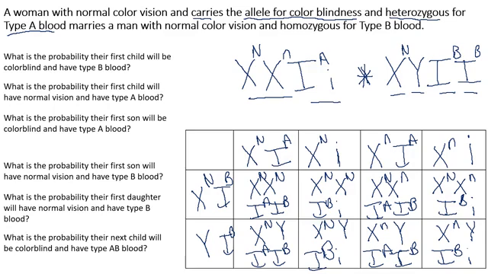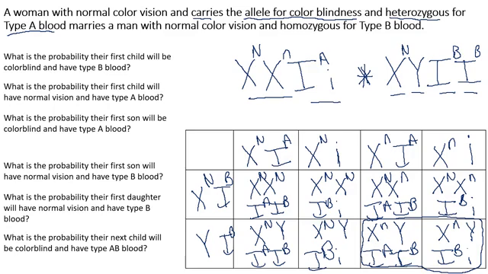The first one says, what is the probability that their first child will be colorblind and have type B blood? The only ones that are colorblind are the two males here. These are the ones that are going to be colorblind, because remember, the females have two X chromosomes, and the only options for the females are either normal or carrier.